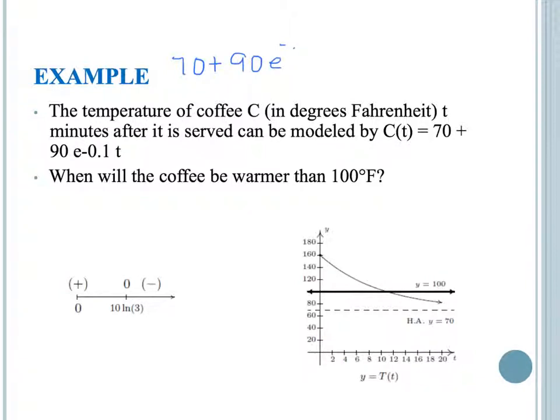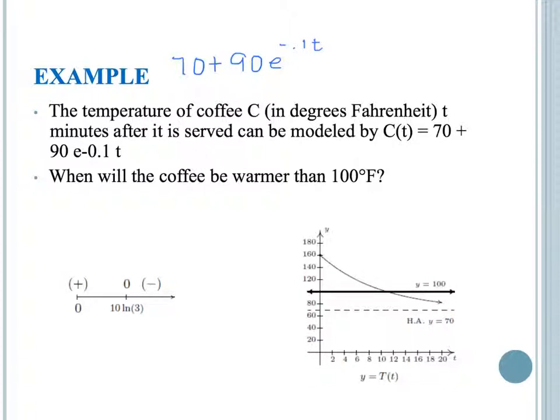That's why we have a decay, according to however long it takes. And we want to know when it happens that the coffee is going to be warmer than 100 degrees. And our C here is for coffee, not Celsius.